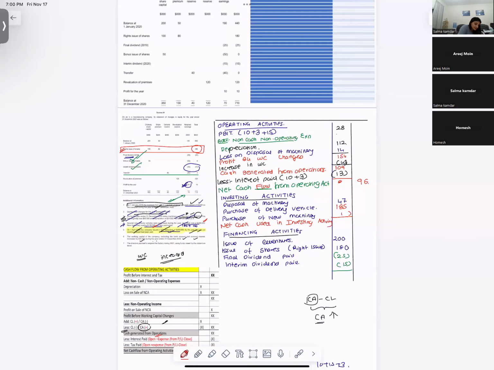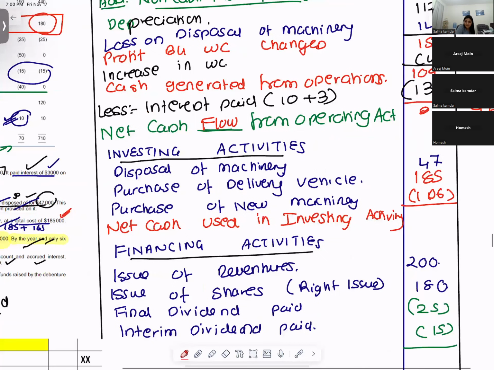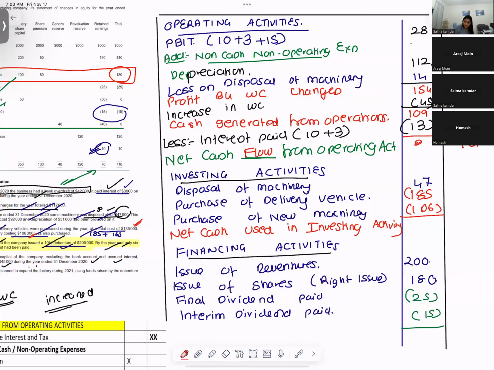So it's negative 244. 185 plus 106 minus 47 is 244. Okay.